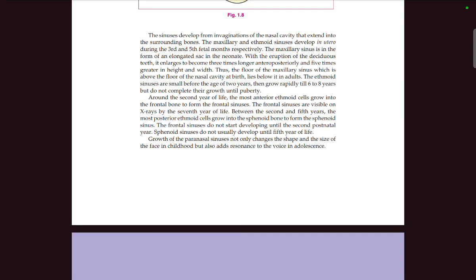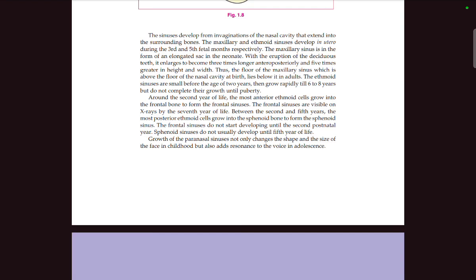The ethmoid sinuses are small before the age of 2 years, then grow rapidly till 6 to 8 years, but do not complete their growth until puberty. Around the 2nd year of life, the most anterior ethmoidal cells grow into the frontal bone to form the frontal sinuses.